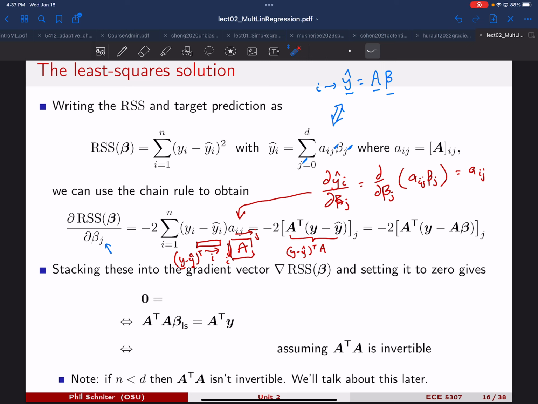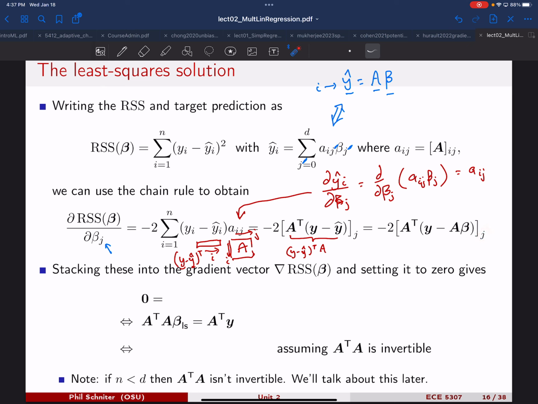The reason we did this is because essentially, oh, and one last step. If we want to write this explicitly in terms of betas, we can just replace y hat with A beta. So now we have this gradient expression written concisely with matrices and vectors. In particular, this was the partial derivative with respect to the jth beta, and we know that that's the jth entry of this vector.